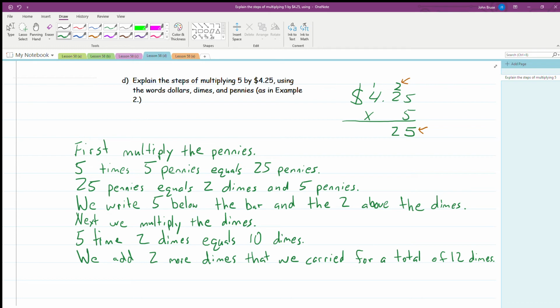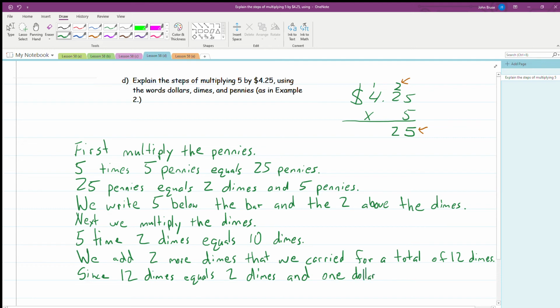2 below the bar and a 2 above the bar. So since, for us, it would be since 12 dimes equals $1 and 2 dimes. So we're going to write since 12 dimes equals 2 dimes and $1.